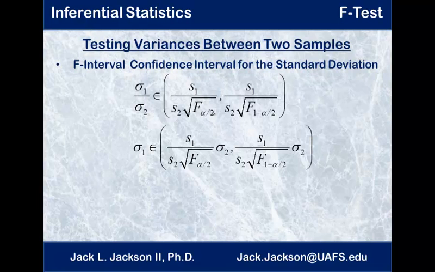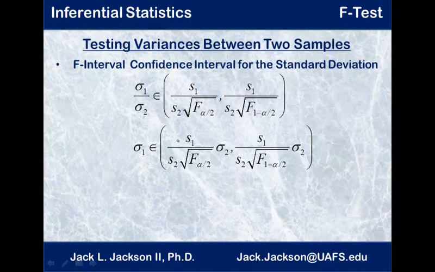So the lower limit here is done by the right one on our picture, and the left one on our picture, F sub 1 minus alpha over 2, is going to figure the right limit. We'll take a look at this in a minute. And of course, if I multiply everything by sigma 2, this gives us an interval for sigma 1.